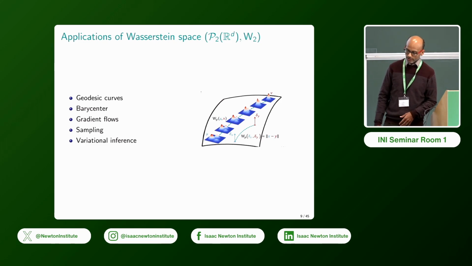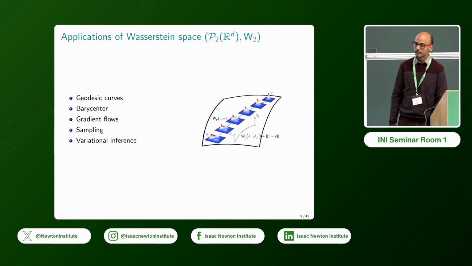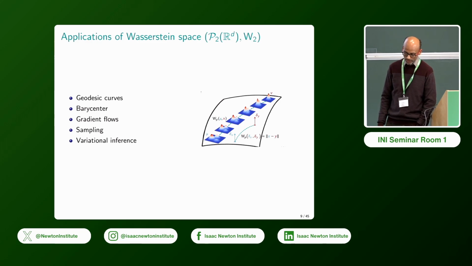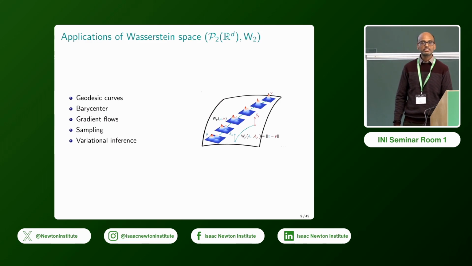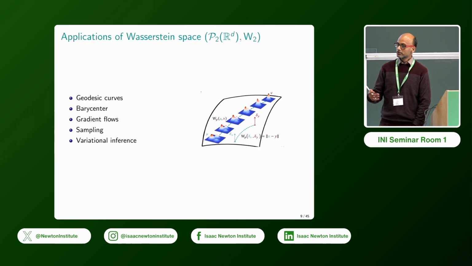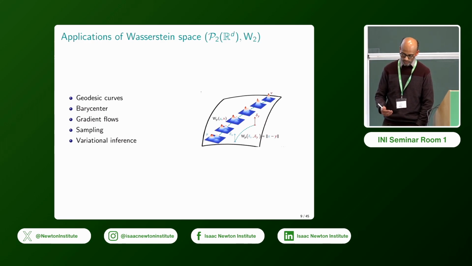So one can talk about barycenters, geodesic flows, geodesic curves, and one can define gradient flows, which I'm going to get back to in the second part of the talk. And some of these things have been used to solve classical problems in statistics, which include sampling and variational inference and so on and so forth.